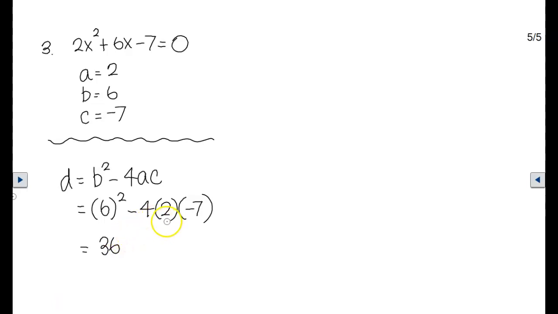Negative 4 times 2 is negative 8, and then negative 8 times negative 7 is a positive 56. And then 36 plus 56 is going to be 92. So we get a discriminant of 92.